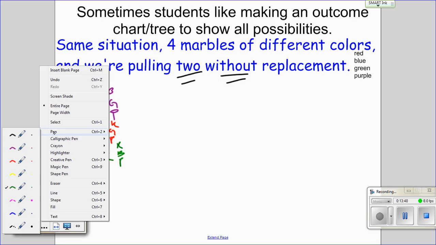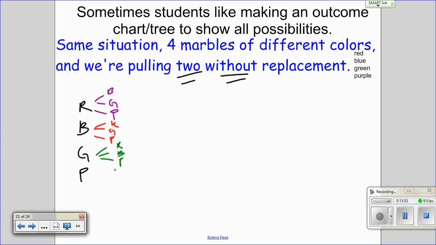And then lastly, if I pick a purple first, my options are picking a red next, a blue next, or a green.